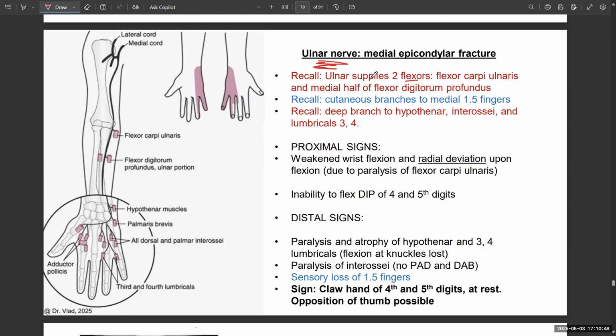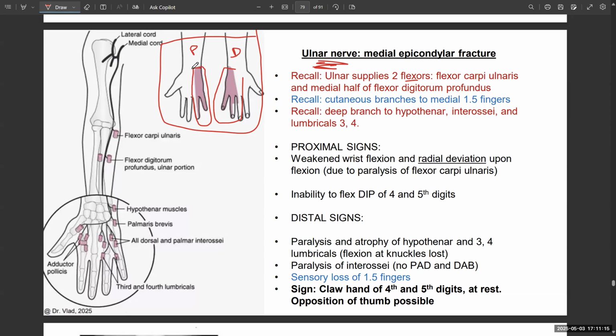Recall that it also gives a cutaneous branch to the medial 1.5 fingers. So if you look over here, you have sensory innervation to the medial 1.5 fingers on both sides of the hand. This is the palmar side, and this is the dorsal side. On the palmar side over here, this is the pinky, this is half of the ring finger.